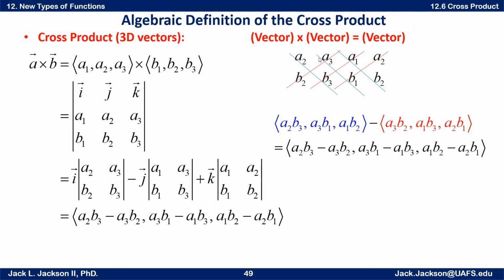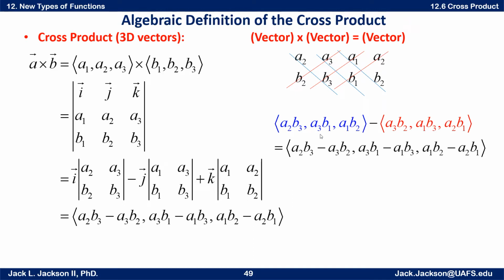Now, if you just go down the diagonals across this way, this gives you the three components of a vector in order: a2 times b3, comma, a3 times b1, comma, a1 times b2. From that, we're going to subtract the ones going the other way: a3 times b2, comma, a1 b3, comma, a2 b1.